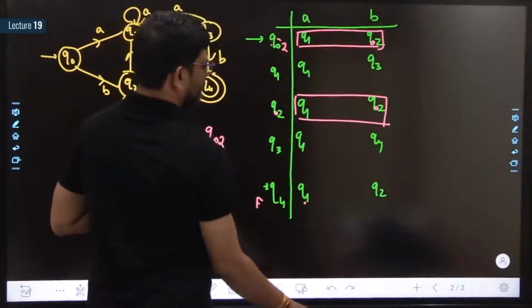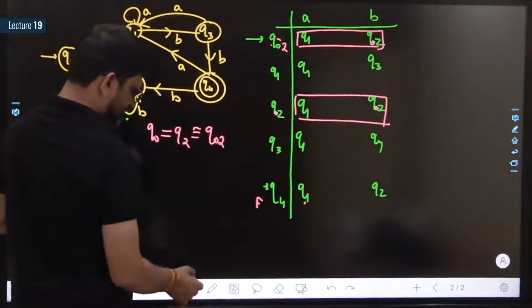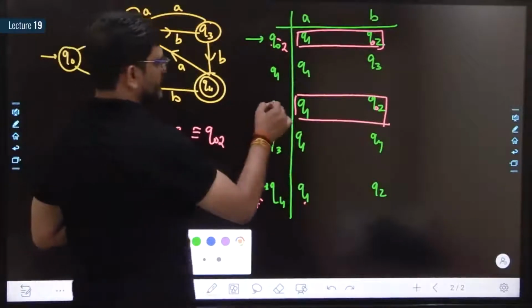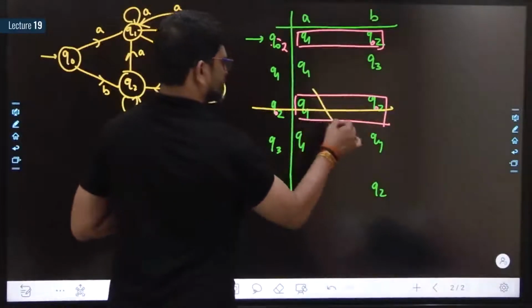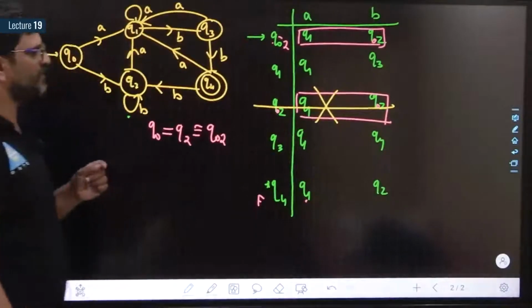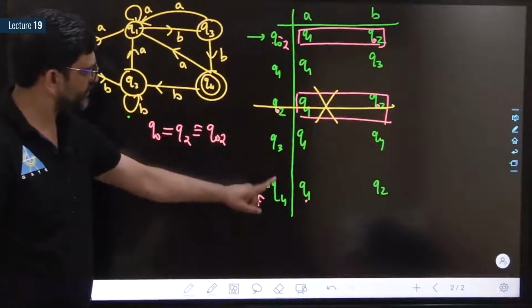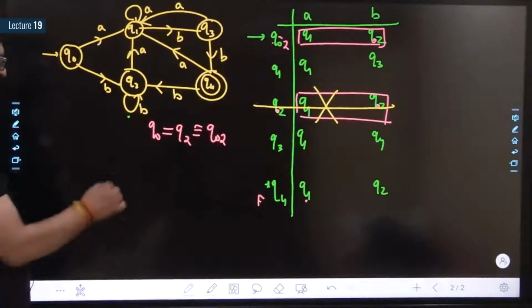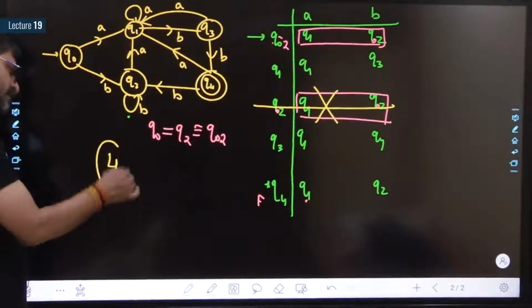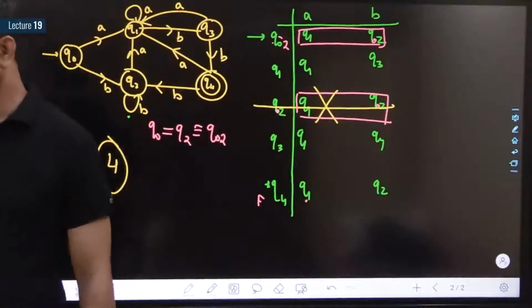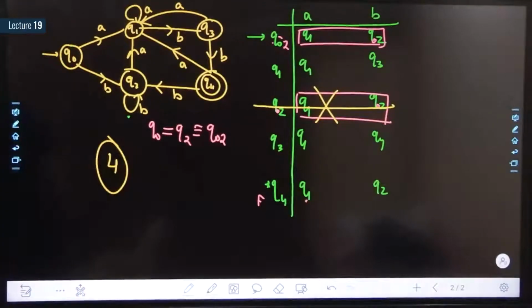Remove this state. This state is not present. Then how many states are remaining? 1, 2, 3, 4. The minimal DFA contains 4 states. Clear? Please check. Okay, good.